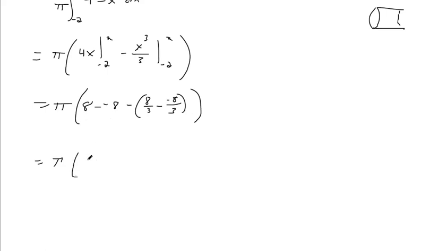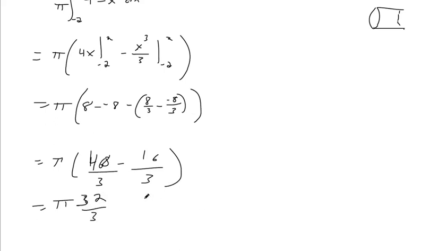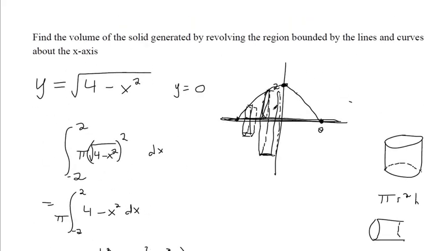So 8 plus 8 makes 16. And this is 16 over 3, so we're subtracting 16 over 3. So getting common denominators, that's 16, 32. It's 48 over 3 minus 16 over 3. So that's 32 over 3. So 32 pi over 3 is the volume of that region they've described.